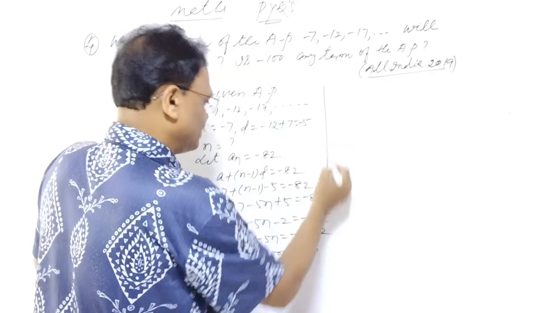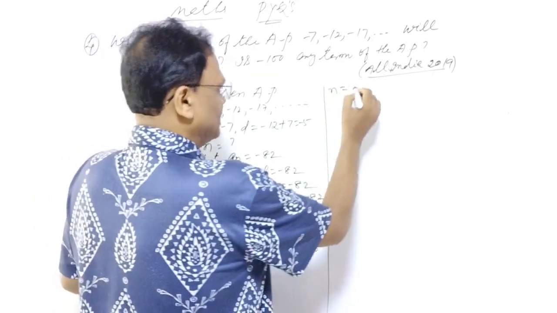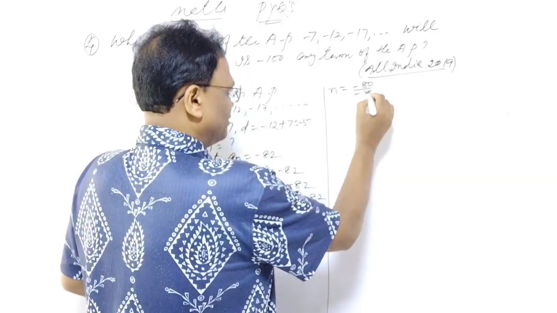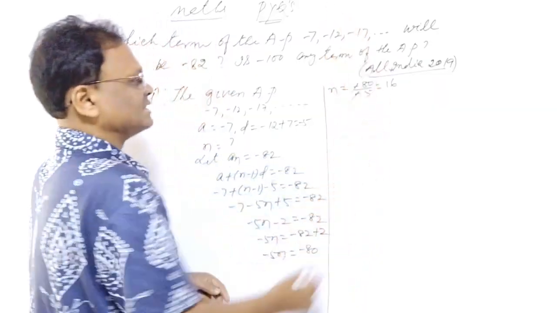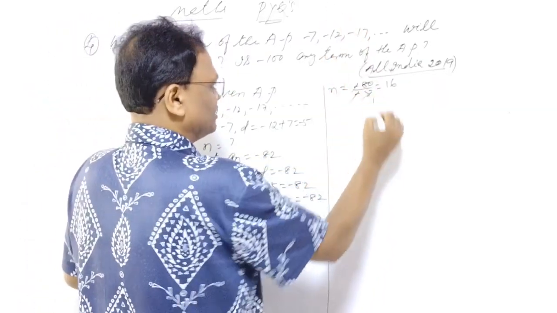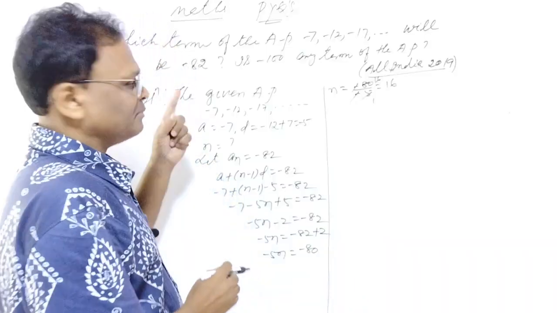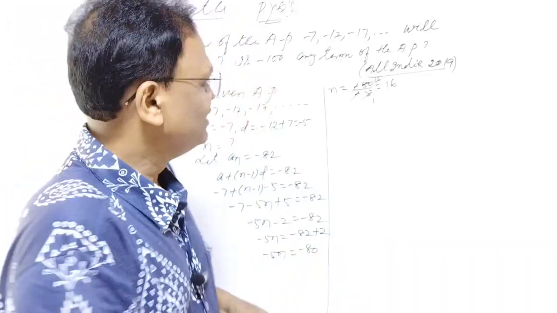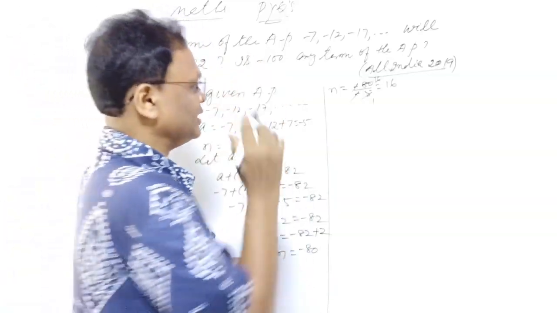So n equals minus 80 divided by minus 5. The minus signs cancel, and if I divide, I get 16. So this minus 82 will be the 16th term.